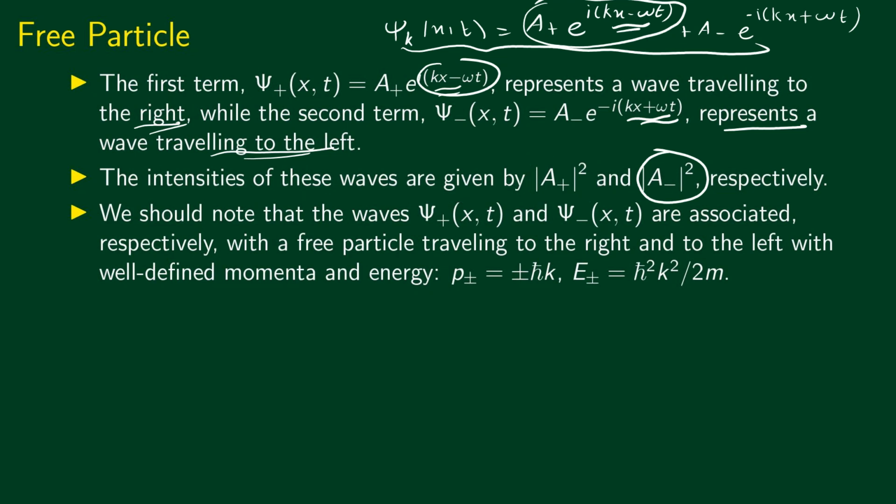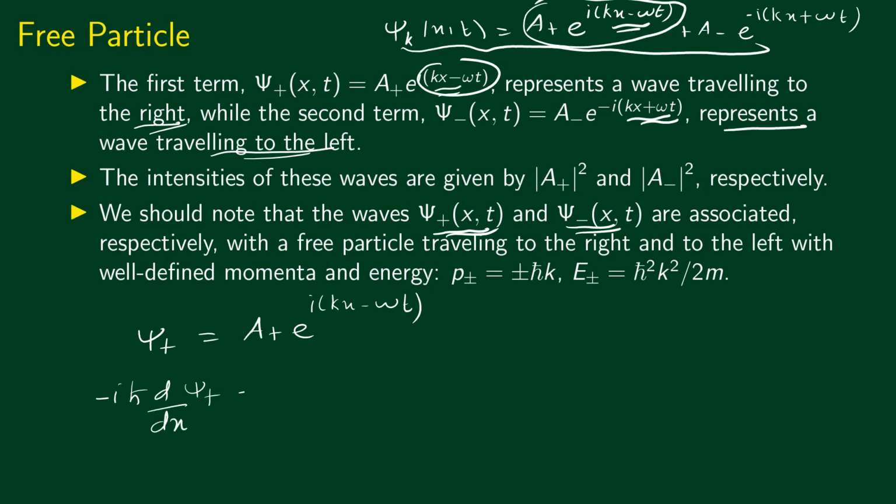Now we may make a note that psi plus and psi minus are actually momentum eigenfunctions. How do we check this? If we take psi plus, this is equal to a plus exponential i(kx minus omega t). Now if I apply the momentum operator to this, minus i h bar d by dx of psi plus, this is equal to minus i h bar times, from here, the derivative d by dx will pull out an ik, multiplied by a plus e raised to i(kx minus omega t).